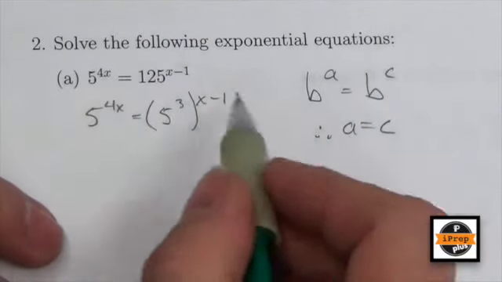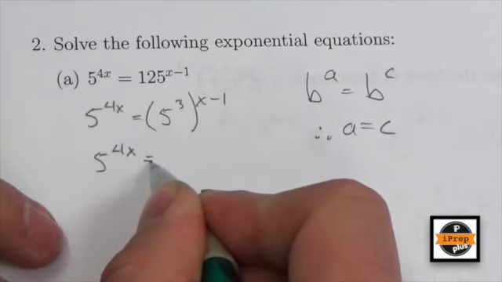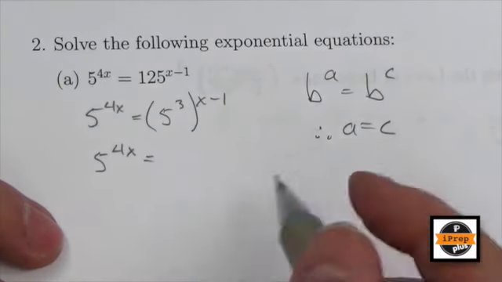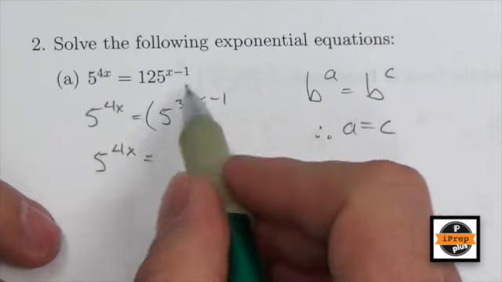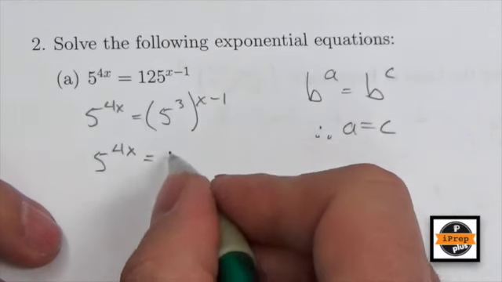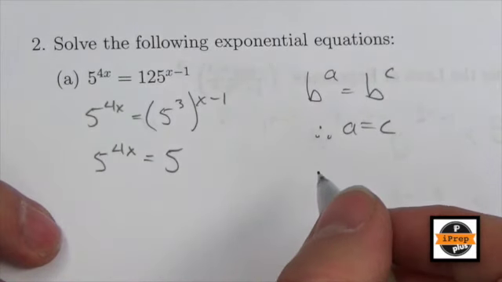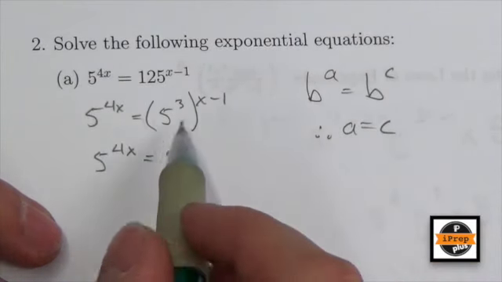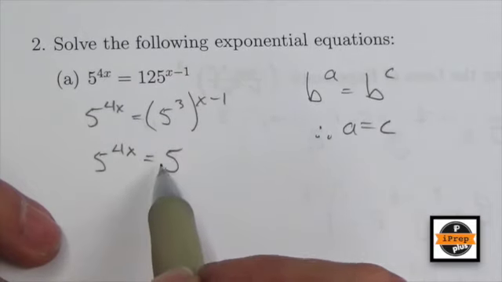But what we want to do is clean up the exponents a little bit. On the left-hand side, there's not much to do, okay, because 4x is nice and the base is correct here. But over on the right-hand side, I've got a power of a power, and so I've got to multiply the exponents together. Now, here's a really common spot for an error to pop up, and you've got to be really careful about this. This is 3 times x minus 1.